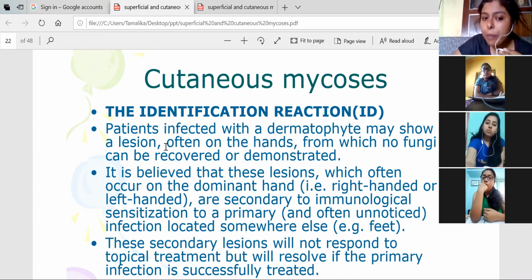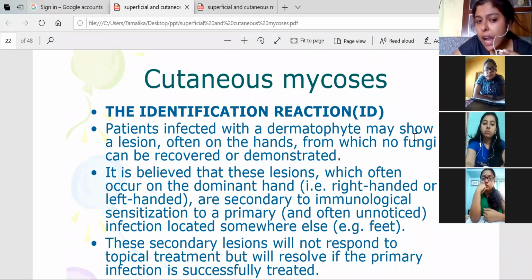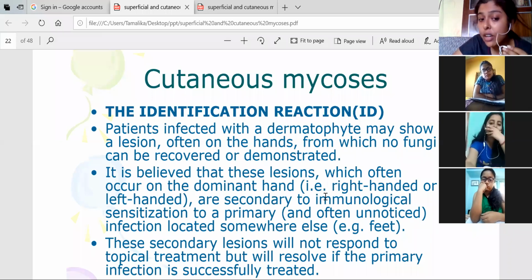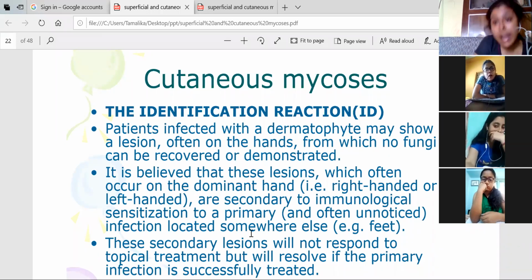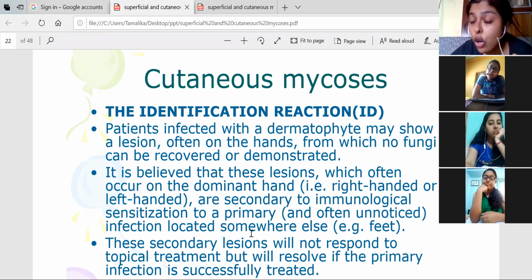The patient infected with a dermatophyte may show a lesion, often on the hand, from which no fungus can be recovered or demonstrated. It is believed that these lesions, which often occur on the dominant hand, right-handed or left-handed, are secondary to immunological sensitization to a primary infection located somewhere else. So somewhere else there is the primary infection and you have an immune response, but these are the secondary locations where the infection has spread.